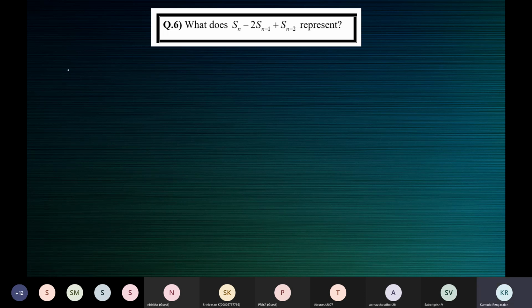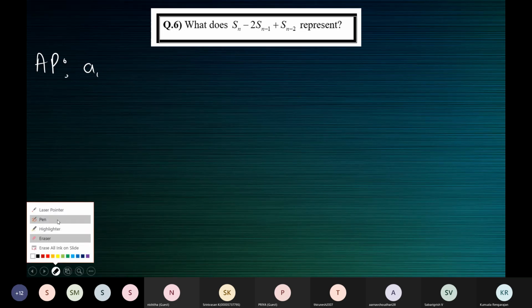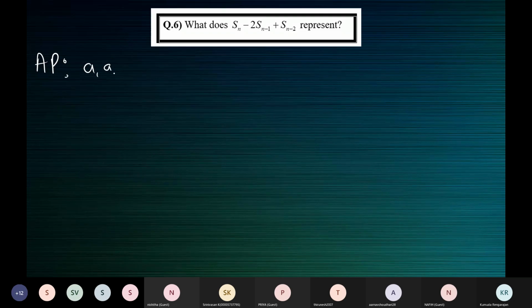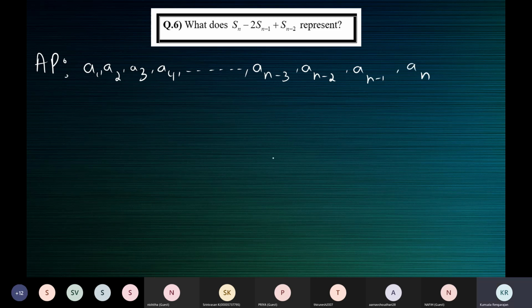So what we have understood is, see, if this is the 20th term, what will be the previous term? 19, right?